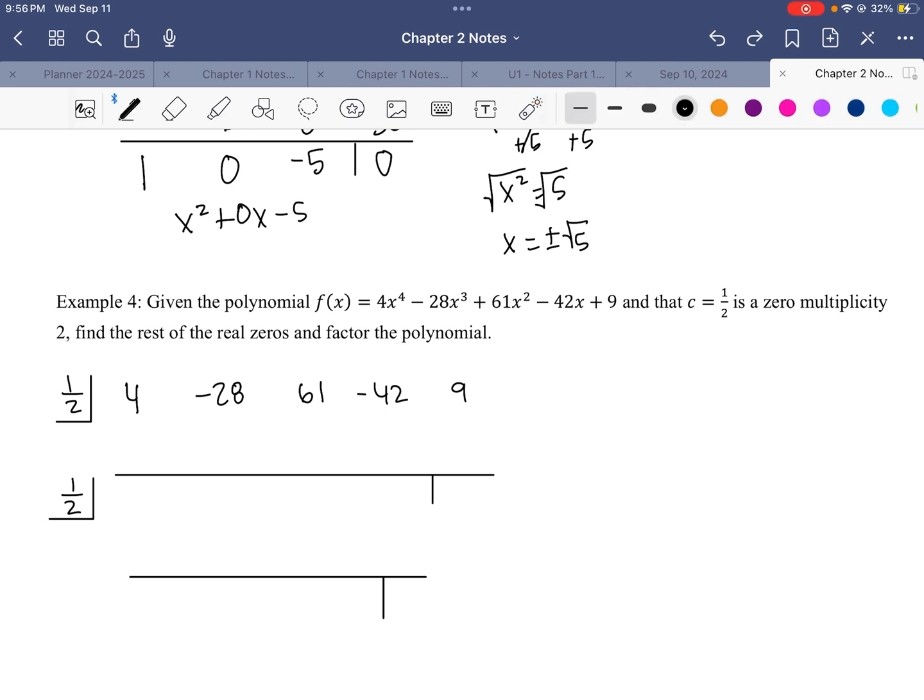So we're going to drop down our 4, multiply by half, which gives us 2. We've got a -26. It may be easier if we get rid of this for a second. So -26 times half is -13. 61 minus 13, let's see, I think it's 48. 48 divided by 2 gives us 24. I better check these numbers.